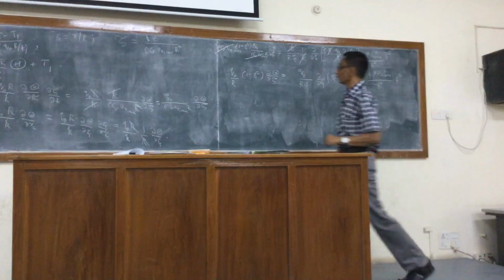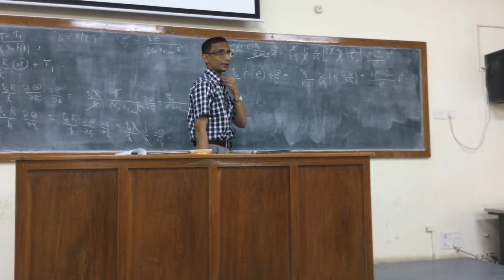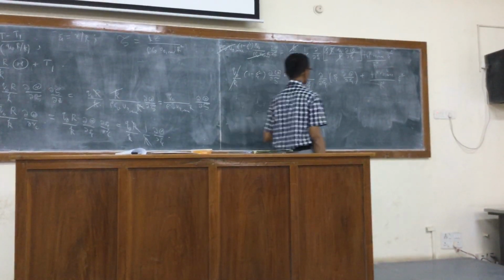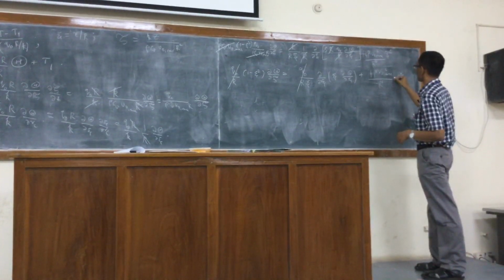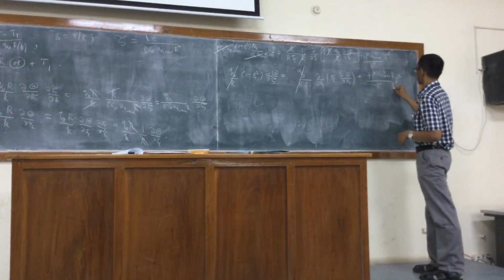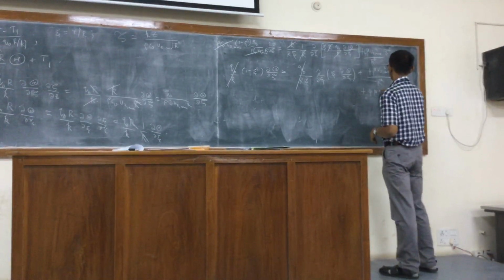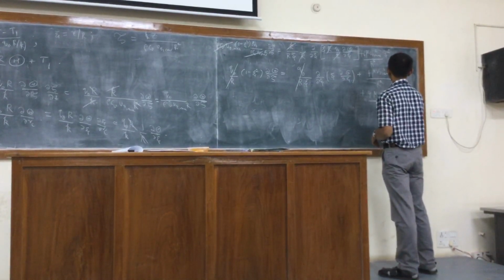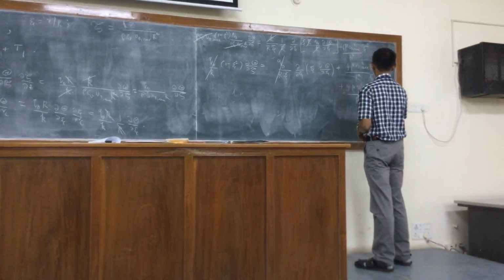I guess the idea is now if I multiply by r times q naught, I can get rid of the q naught by r here. But here I would have to multiply by r by q naught, and so I will get this. So this is plus 4 by r times q naught times psi squared.